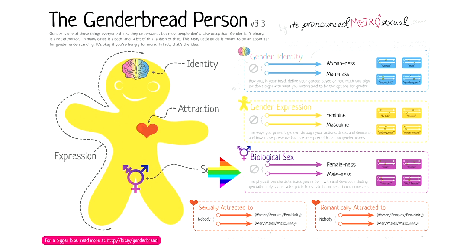This reflects intersex qualities of 0 to femaleness, 0 to maleness again, and then we get down into sexuality. And in this particular model, they separate out sexual attraction and romantic attraction.